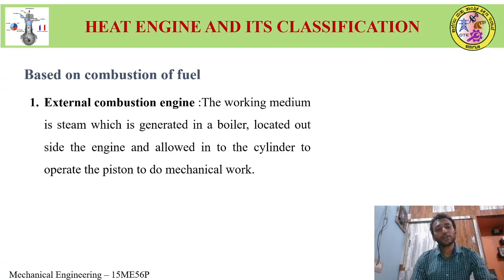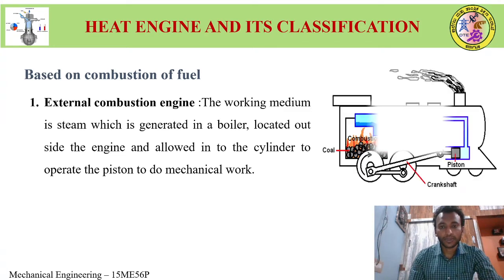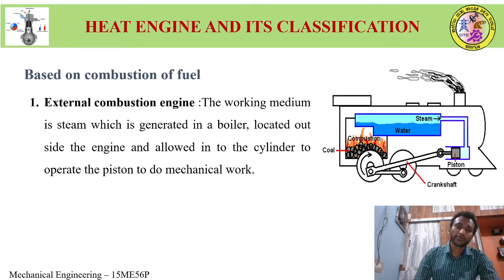Now in the external combustion engine, the working medium is steam, which is generated in a boiler located outside the engine and allowed into the cylinder to operate the piston to do mechanical work. In this, steam is used and coal is burnt. If you look at the sketch here, the coal is burnt outside the engine and water is boiled to produce the steam.